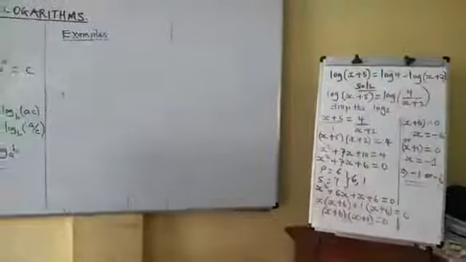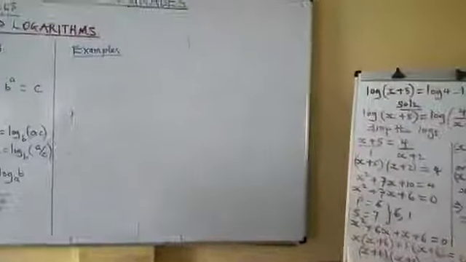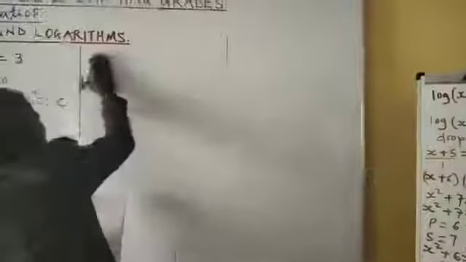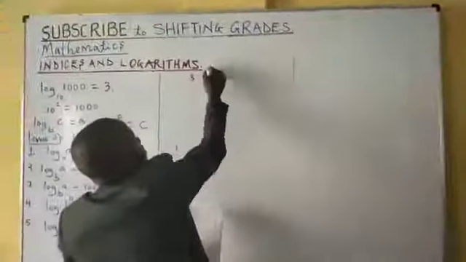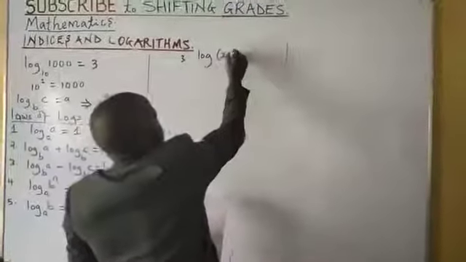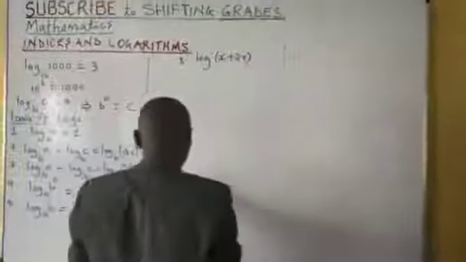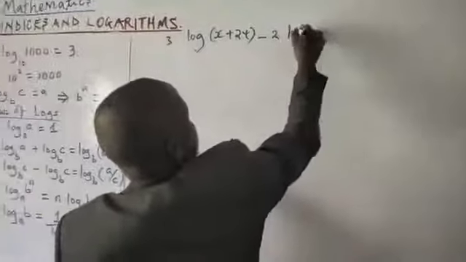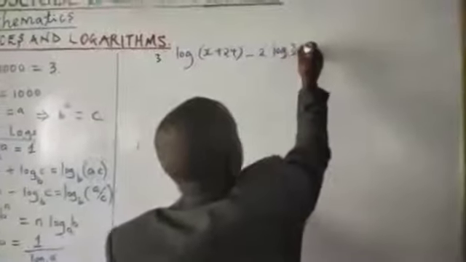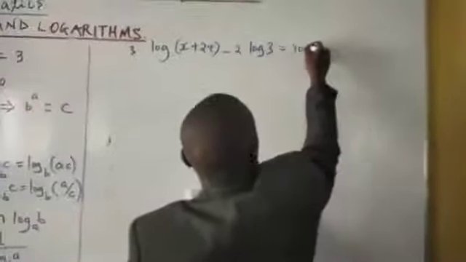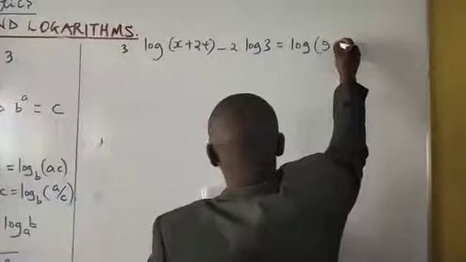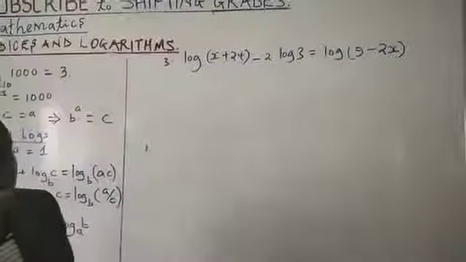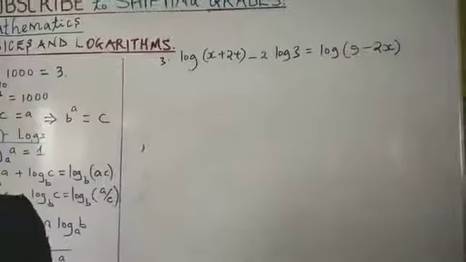The third question says this, example number 3: the log of x plus 24 minus 2 log 3 is equal to the log of 9 minus 2x. Therefore, we again solve this one.